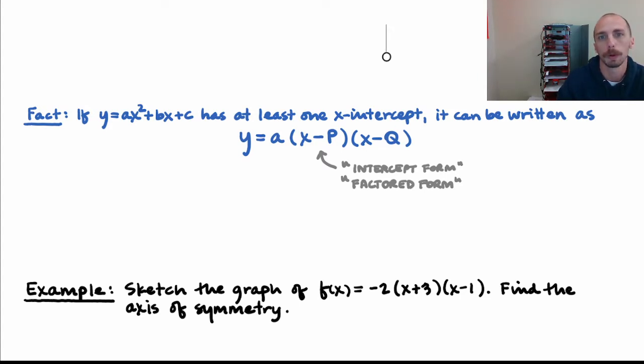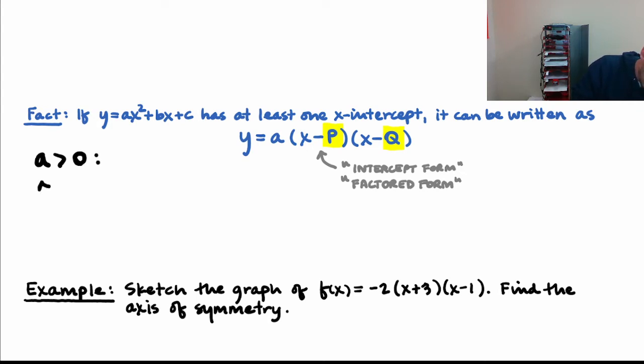Now in this class, we're probably not going to go with the really extreme cases where it would be really hard to write it in that form. We're just going to stick to the factoring techniques that we know at this point. But what I will point out is that x equals p and x equals q are my x-intercepts. Maybe I'll split it up into the case where a is greater than 0.